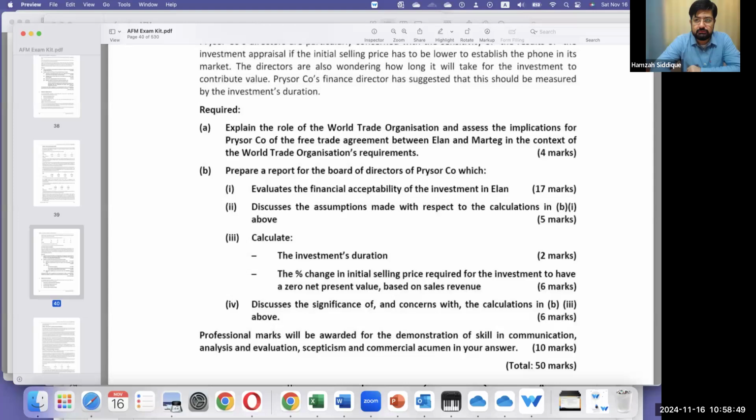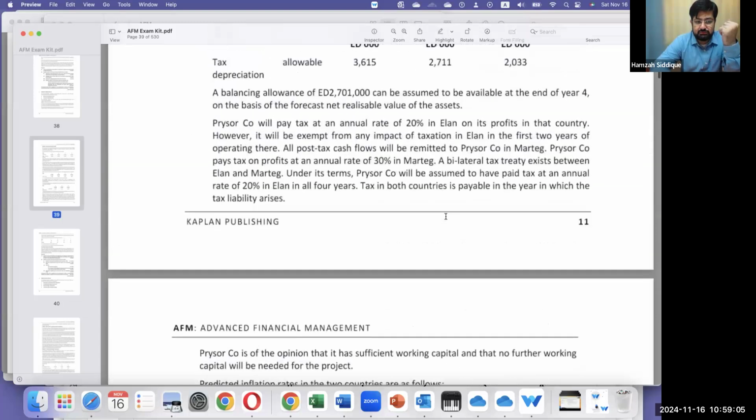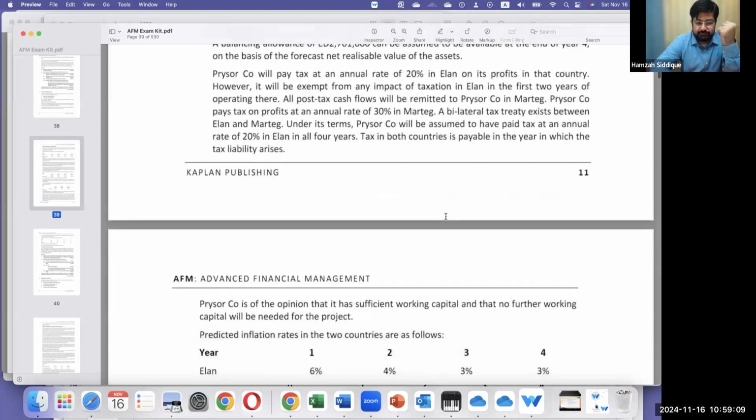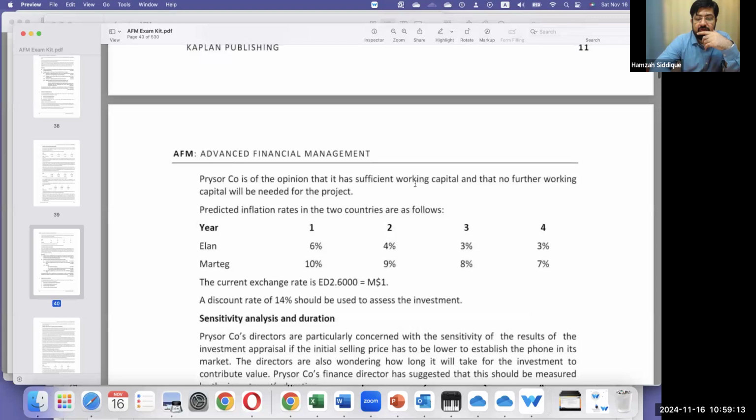Now, students, what are the assumptions? Assumptions are given within the scenario. For example, just see here. Sufficient working capital is an assumption.